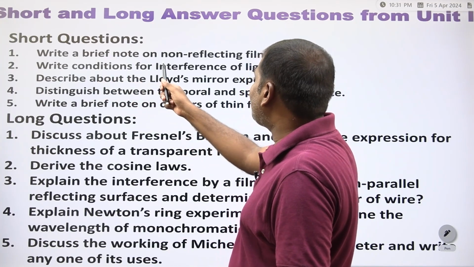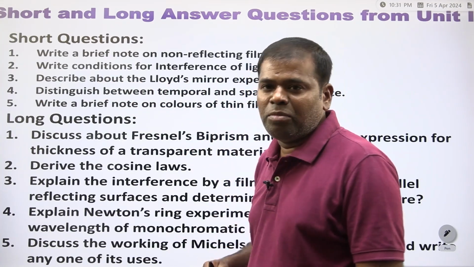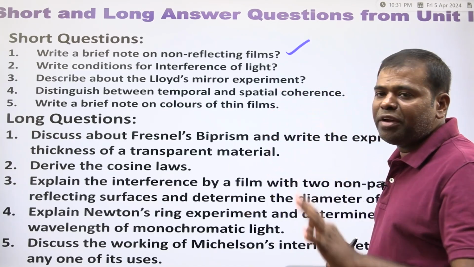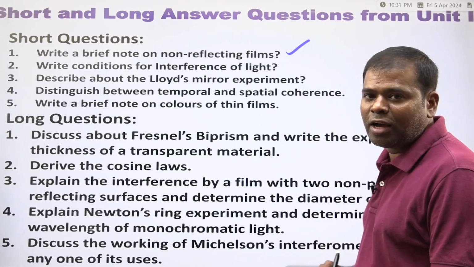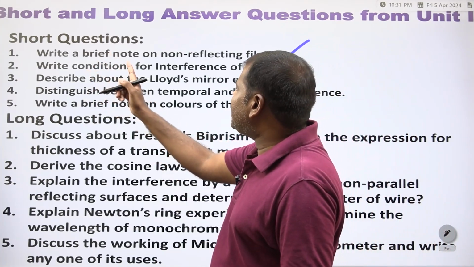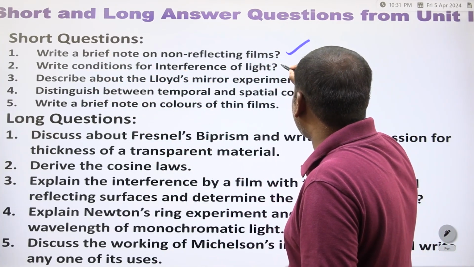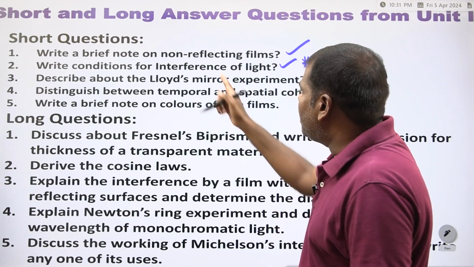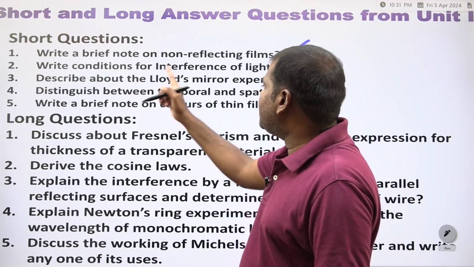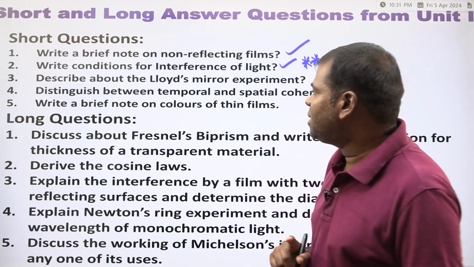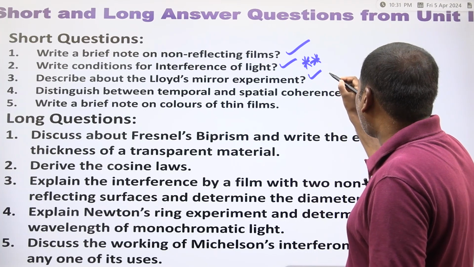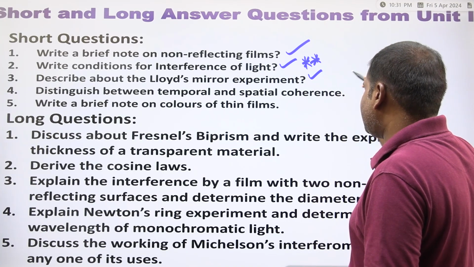Write a brief note on non-reflecting film. What is a non-reflecting film? You have to write a brief note. That is the first short question. Write the condition for interference of light. This is very important; many times this question has come. Describe Lloyd's single mirror experiment or phase change on reflection.